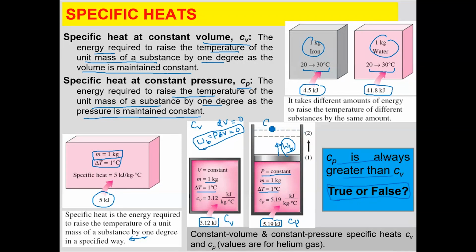But in case of CP, you have the additional work associated with the movement of the boundary. So you need to provide more energy to the system in order to cater for the movement of the boundary from state 1 to state 2. So CP would always be higher as it involves the boundary work. Clear enough?